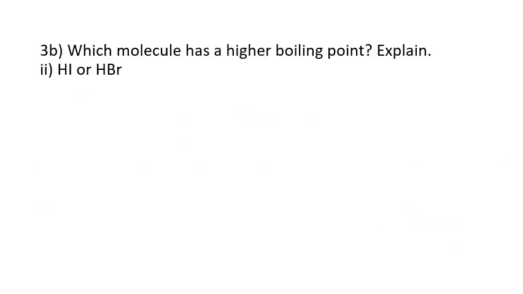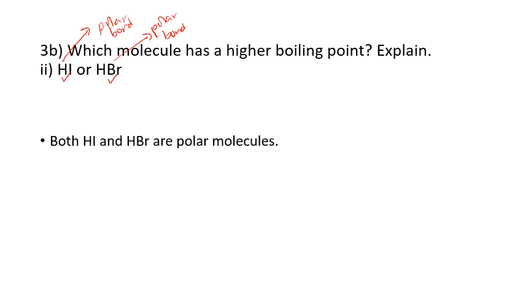3b2 now is comparing the boiling point between HI and HBr. This time we notice that the bond between hydrogen and iodine is a polar bond, and the bond between hydrogen and bromine is also considered a polar bond due to different electronegativity. Therefore, we can say that both are polar molecules. If you still remember, just now we said if they have the same polarity, next we are going to compare the molecular size.